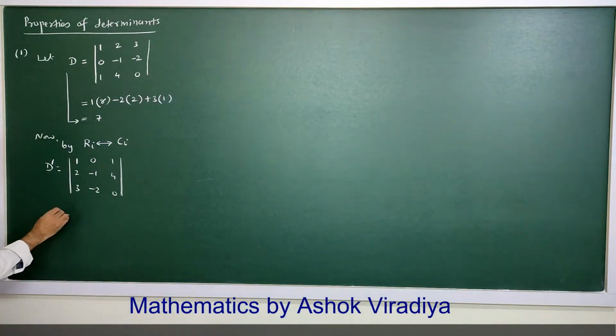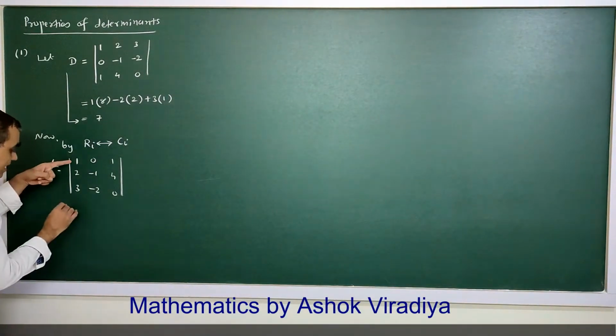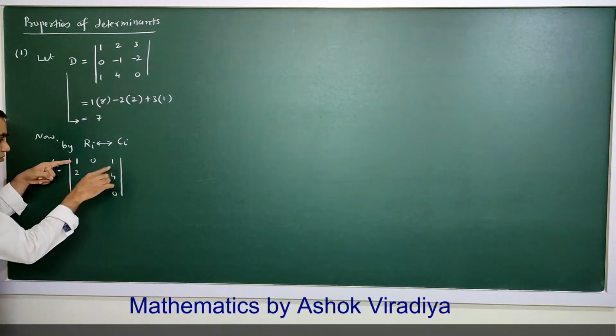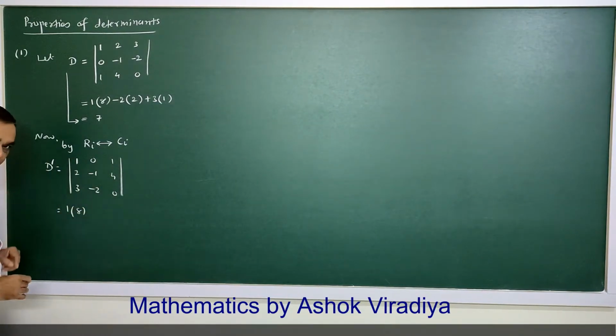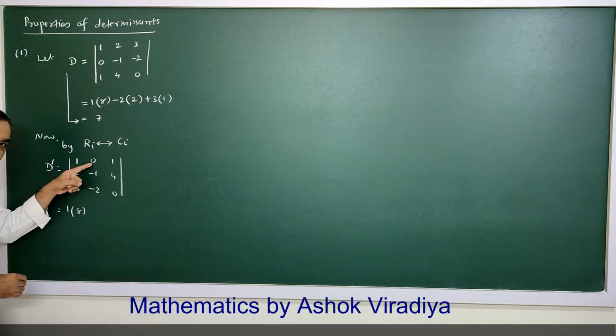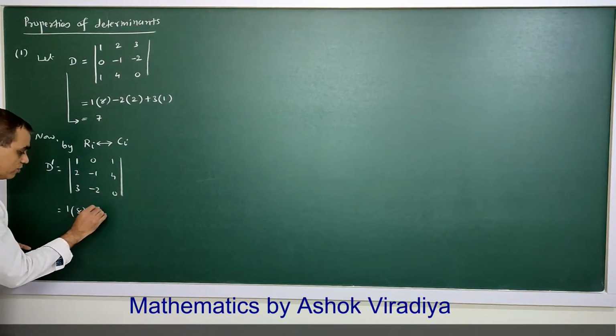Now let me find value of this determinant. So 1 into 0 minus minus 8, that is plus 8. Then minus 0 into anything 0.